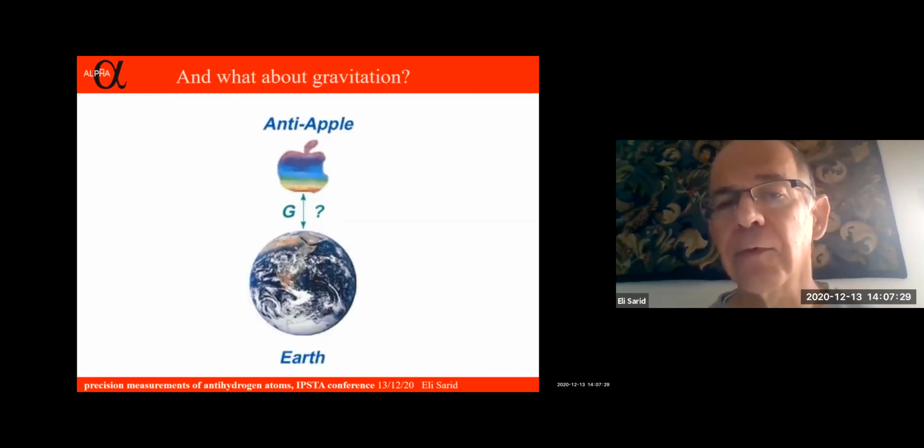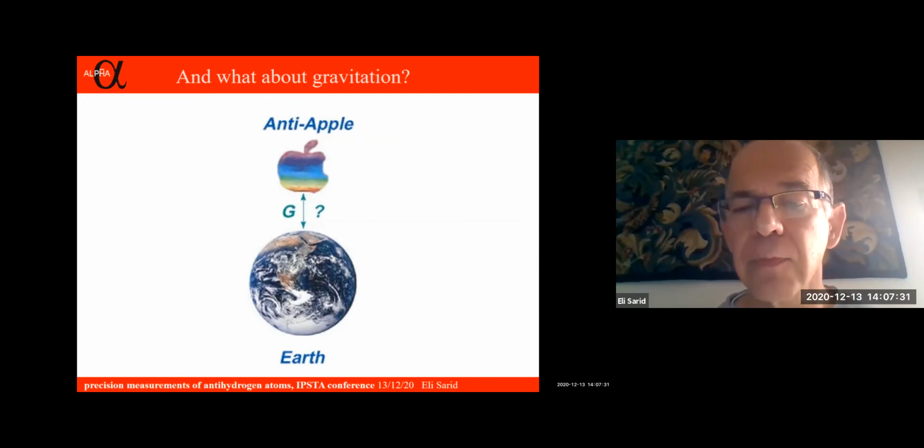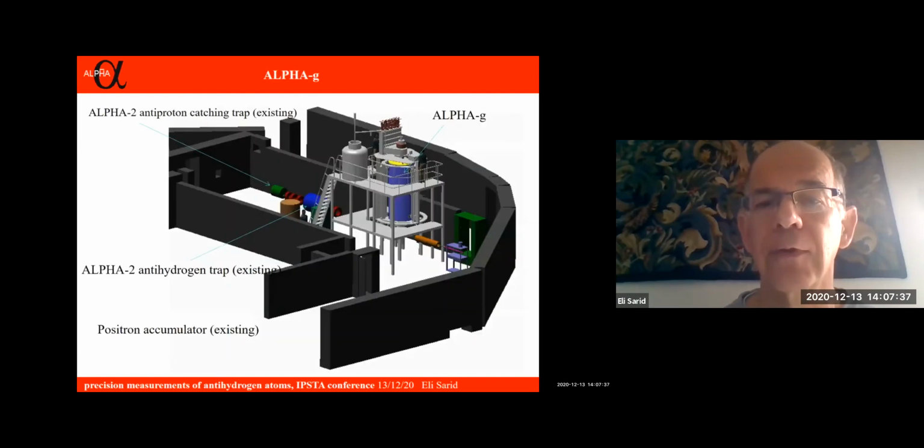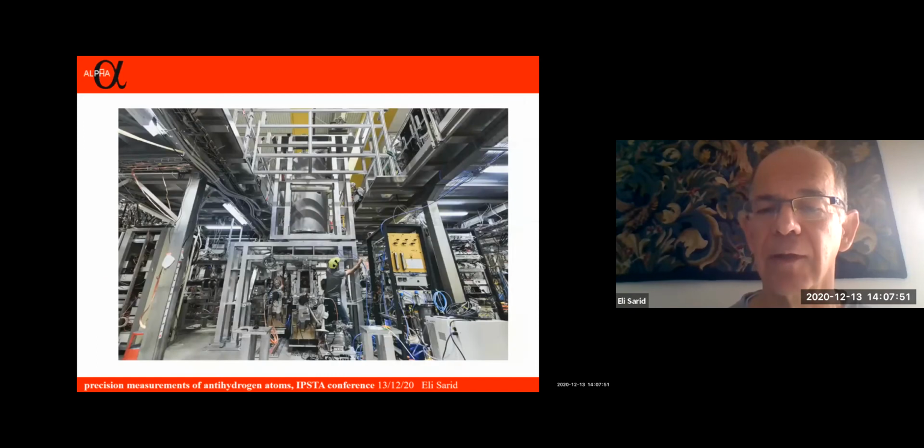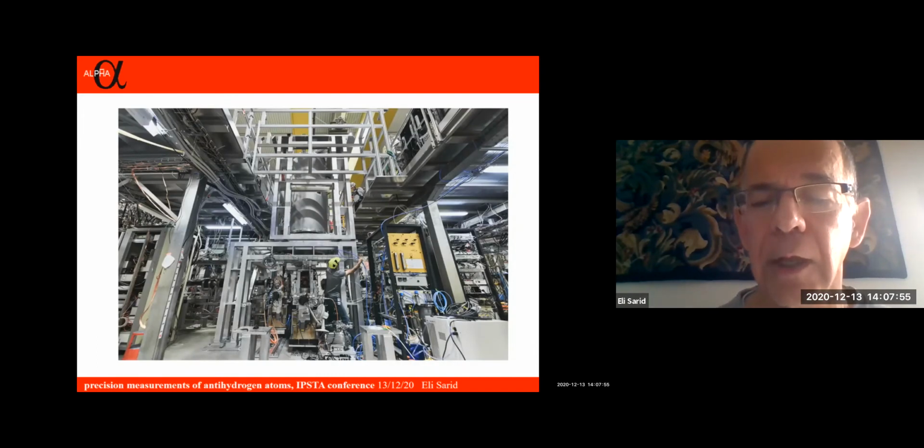The next big endeavor for ALPHA will be gravitation measurements, whether an anti-apple falls to Earth the same way as an apple falls. And for this, we built a completely new trap, a vertical trap, in which we will be able to measure how antimatter atoms fall. And this is not a drawing, it is a reality happening now at CERN.